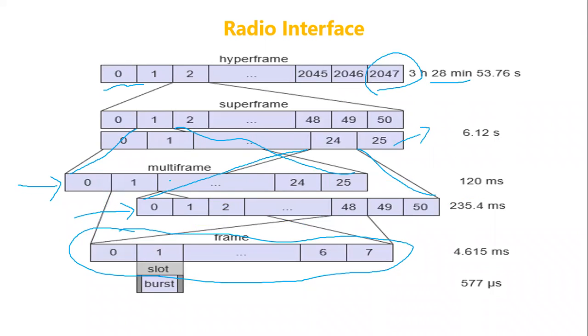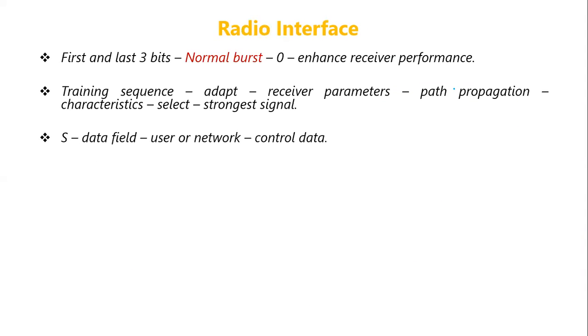Or if you combine 51 frames of 26 multiframe, that can also be called one superframe. And then if you combine 2047 superframes, that is called a hyperframe. The duration of the hyperframe is around 3 hours 50 minutes, 3.5 hours. So this is about the radio interface, how it works.